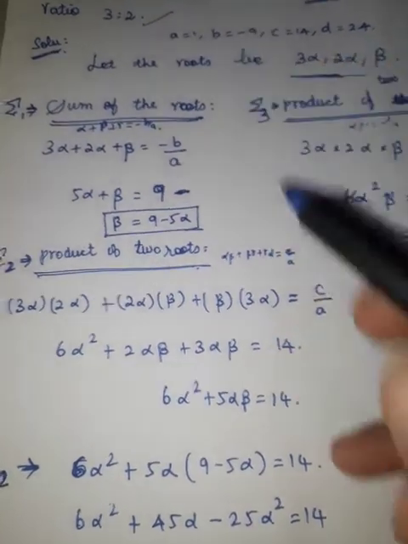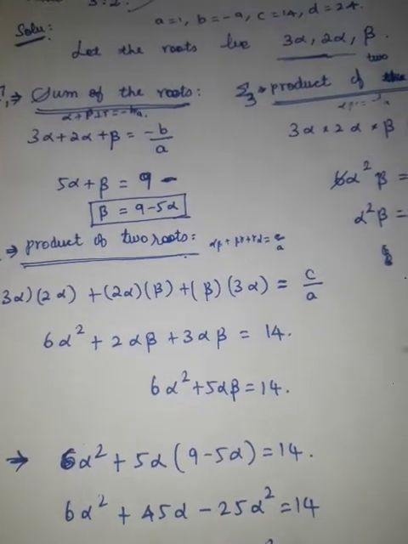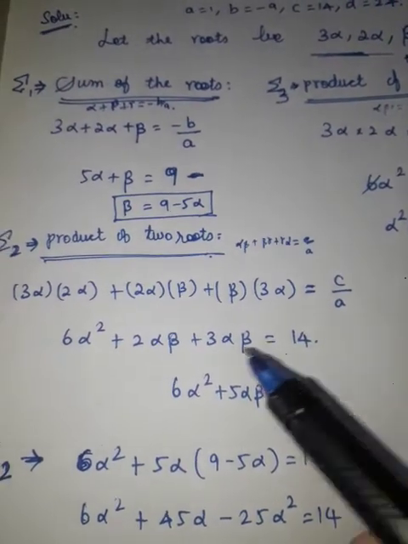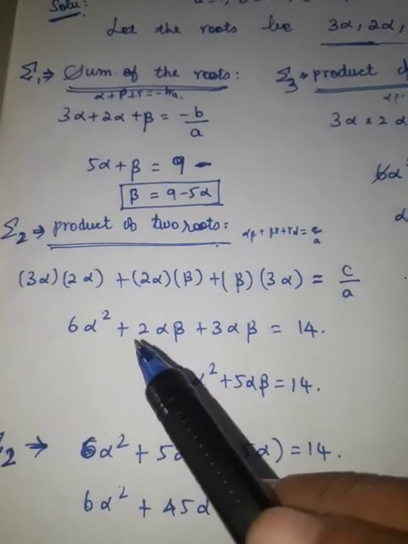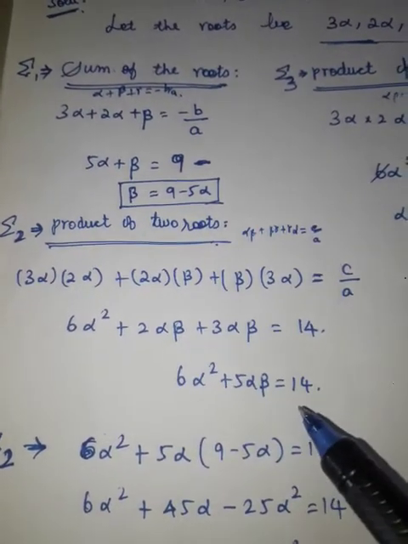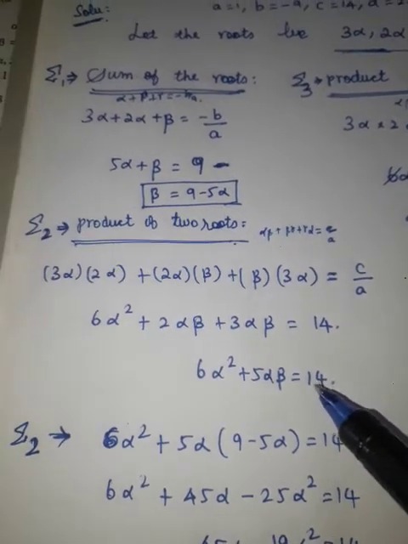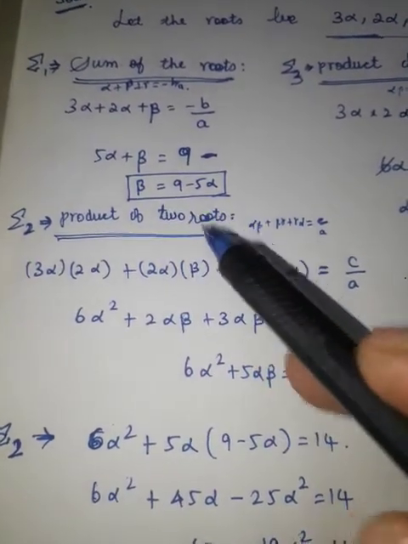We don't consider the denominator 1, so take 14 only. Then 6 alpha square plus 5 alpha beta equal to 14. This is the second, the product of two roots.